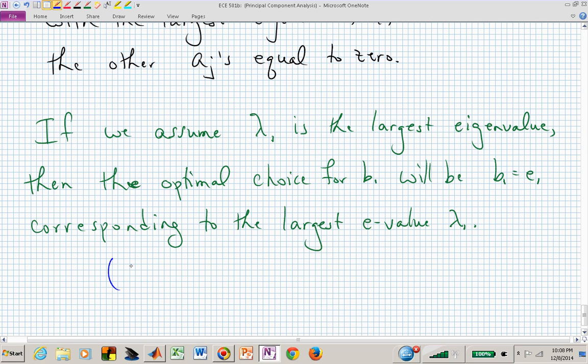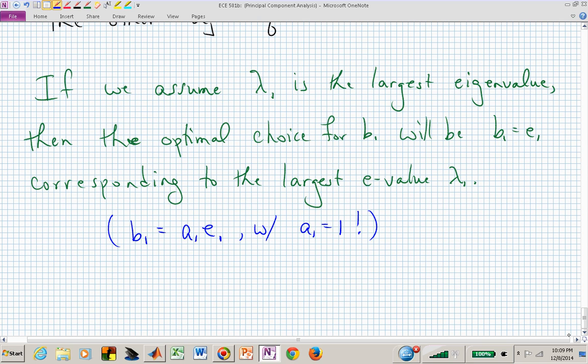In the notation that we've been using, b1 was written as some linear combination of e's. We're now saying that it's just going to be in the direction of one of those eigenvectors, and we've ordered those eigenvectors such that e sub 1 corresponds to the largest eigenvalue. Now we can just set b1 equal to a sub 1 e1, and we said we were going to pick a sub 1 to have a value of 1 and all the other coefficients to be 0.